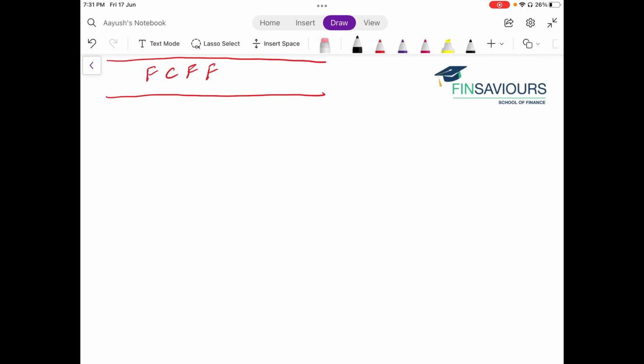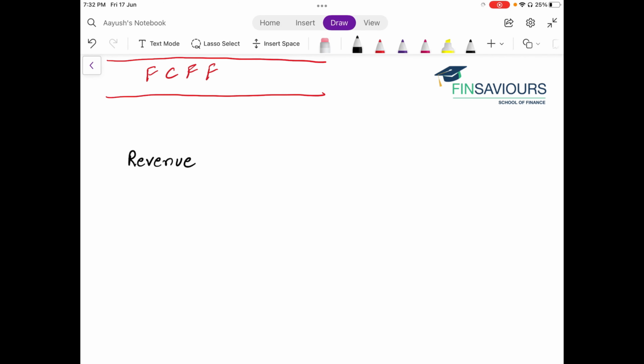Now, I want you to imagine a very broad structure of an income statement. What is the top line of the income statement? Always remember, guys, if I say top line, I am talking about revenue. Revenue is known as the top line.